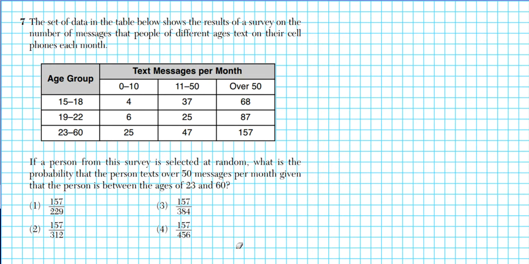So, just a quick tip. Whenever you're working with probability problems and you see the word given, that automatically tells you that you're dealing with a conditional probability type problem. Okay? So given implies that we're dealing with conditional probability. Okay? With a given condition.